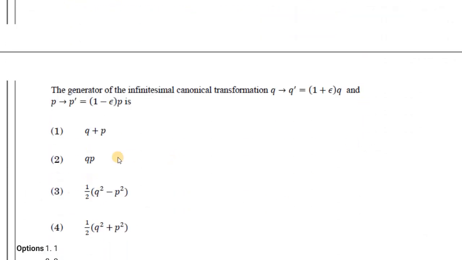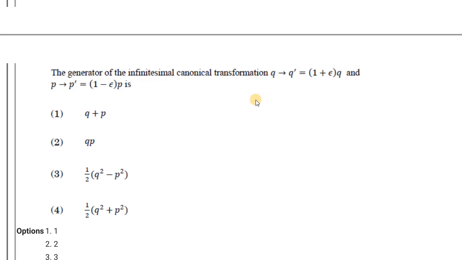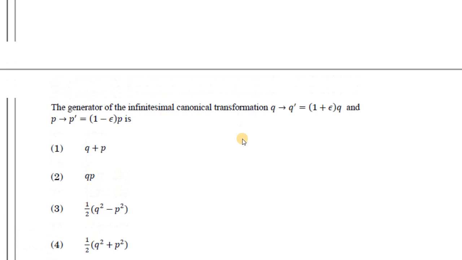This is a generator of infinitesimal canonical transformation. If you never read infinitesimal canonical transformation in your book, preferably from Goldstein, then you could not do it. But if you read it, then you could. Do you know what a generator is?